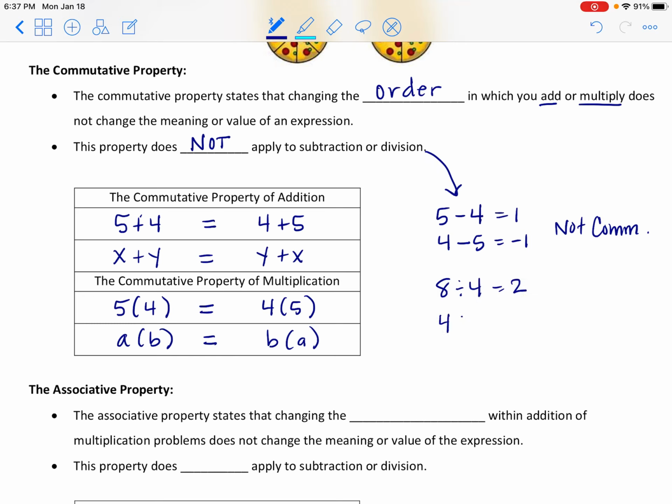But if you took 4 and divided it by 8, you would get a half. Not the same thing. So that is not commutative either. Changing the order in which we subtract or divide does not maintain the value of our operation. Okay, so subtraction or division does not commute.